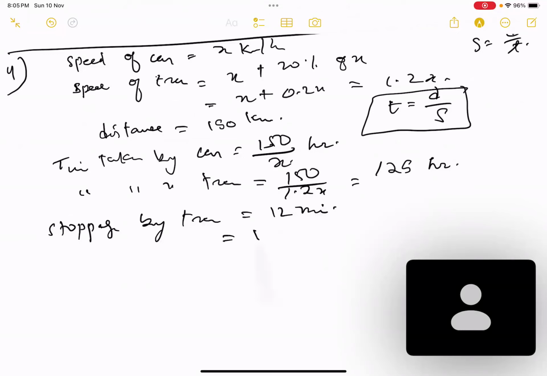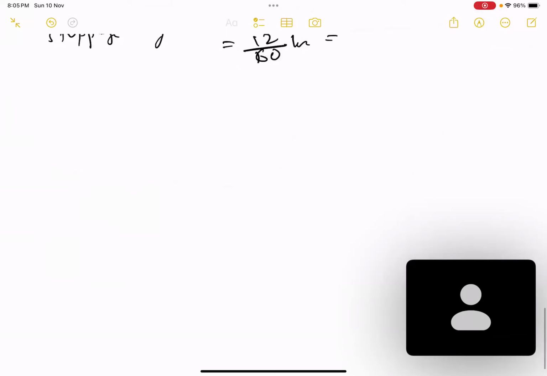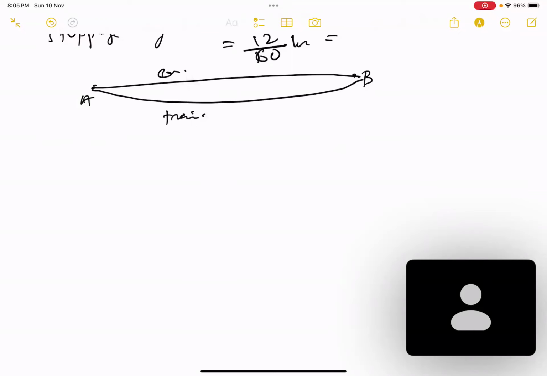So 12 minutes is nothing but converted into hours, 12 divided by 60, is equal to 0.2 hours. Now, if both the car and the train start from point A at the same time and reach point B, which is 150 kilometers away, at the same time, it means the car goes at its own speed and the train also goes at its own speed, but they reach at the same time.